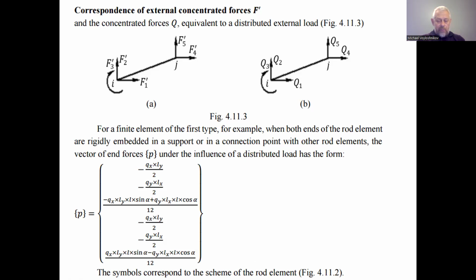In our mechanical system we have the first type, the rod number 1; the second type as rod number 2; the third type, the finite element hinged at the beginning and embedded at the second end, as finite element number 3; and the finite element of the fourth type, in our mechanical system considered in our articles 4.10 to 4.15.